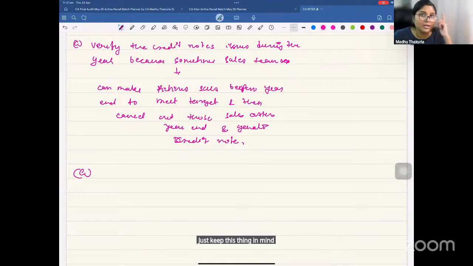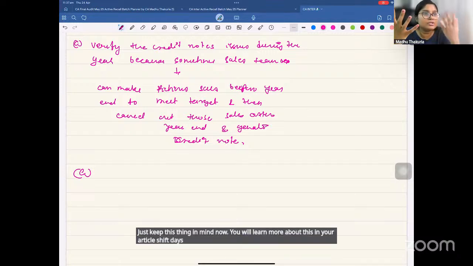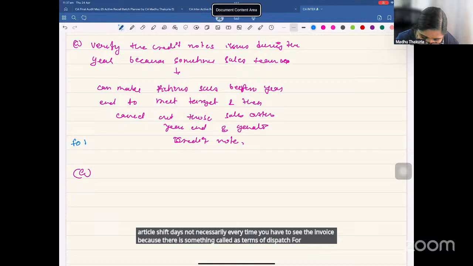Now you will learn more about this in your articleship days. Not necessarily every time you have to see the invoice, because there is something called terms of dispatch, for example, free on receipt or door delivery.